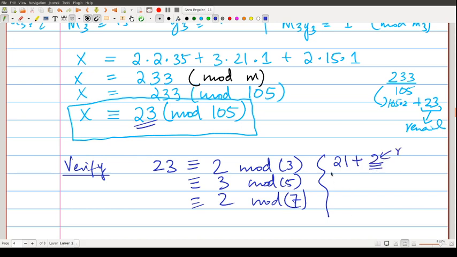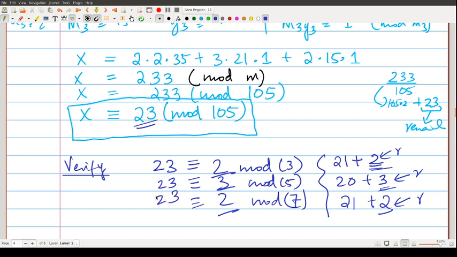Similarly, if I divide it by 5, it's 20 plus a remainder of 3. Similarly, if I divide it by 7, it's 21 plus 2. So 2, 3, 2, which is the same as 2, 3, 2 over here. So this 23 satisfies all of these equations. That's your solution: x is congruent to 23 mod 105.